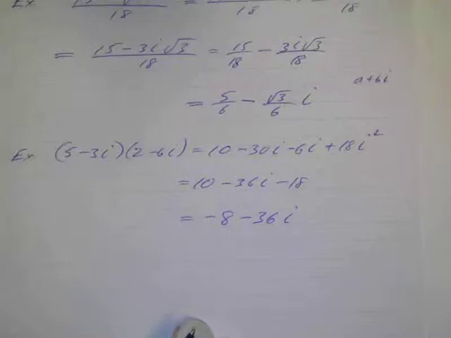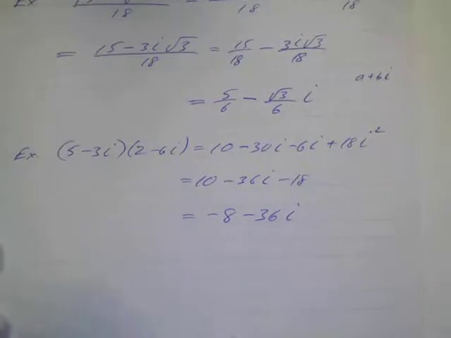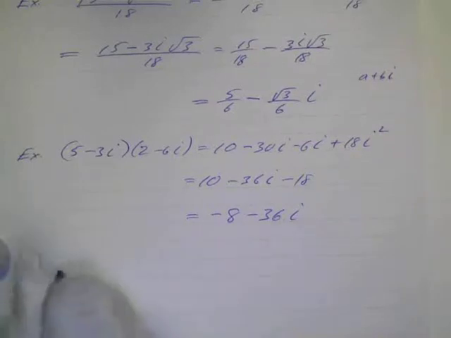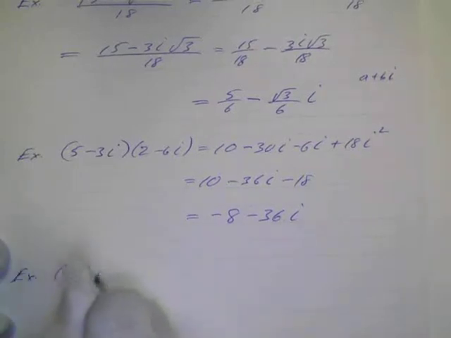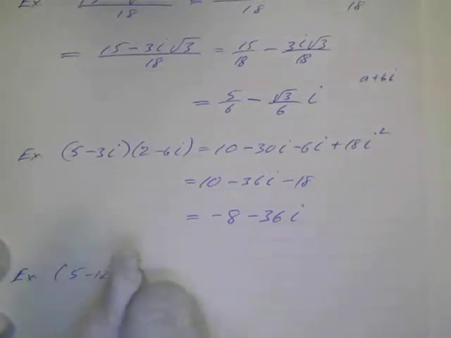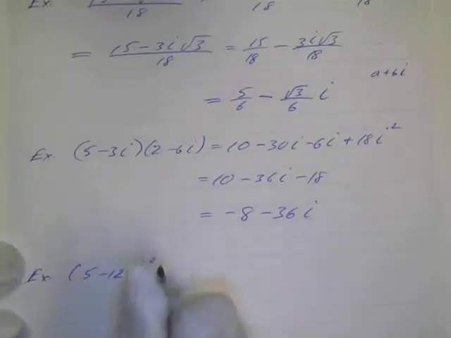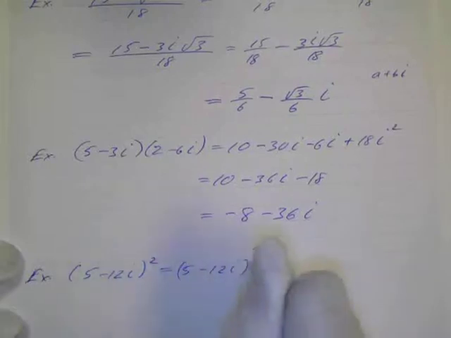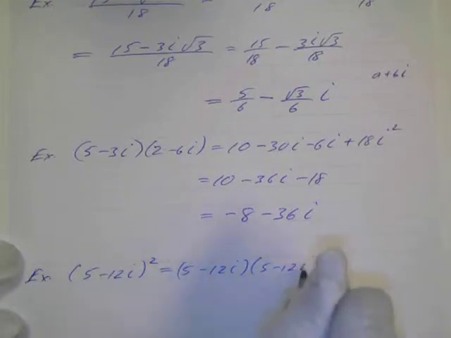All right, and we can square these too. Here's one where we have a square. 5 minus 12i, squared. Well, remember, when in doubt, write it out. So that's just going to be 5 minus 12i times 5 minus 12i.